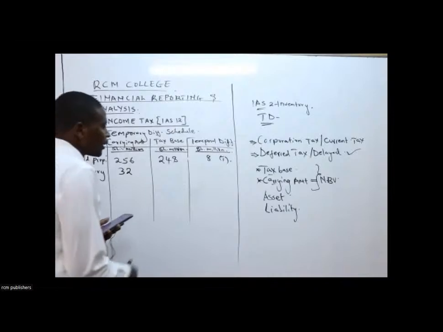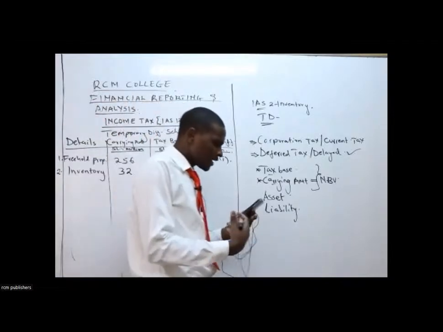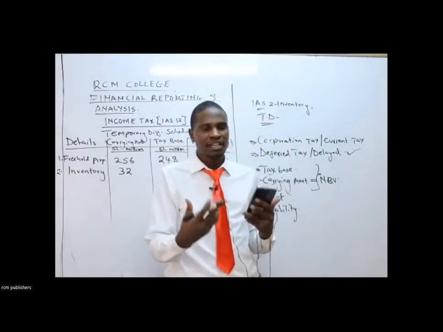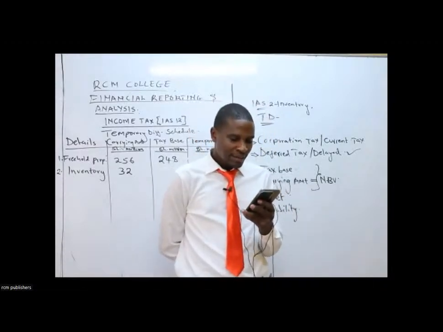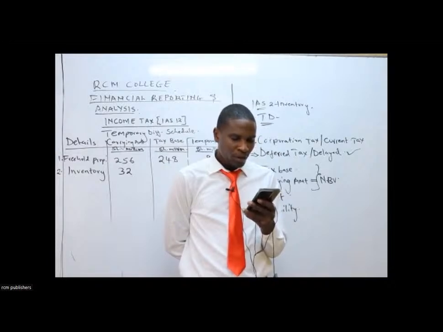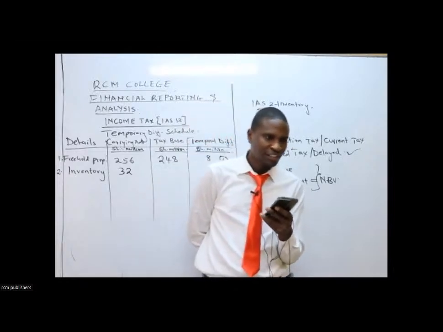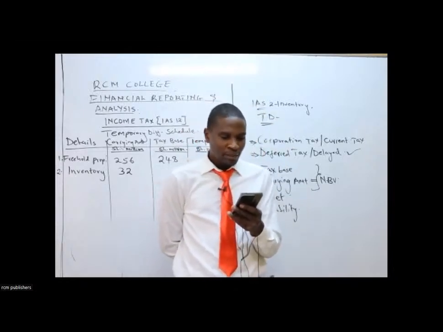Now you ask yourself, how do we get the tax base in this case? I can see they're telling us that on the transaction, 40% of the goods were held in the inventory of Wingu Limited as at 31st March 2021.